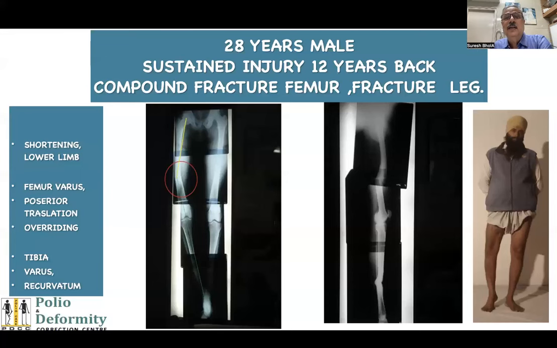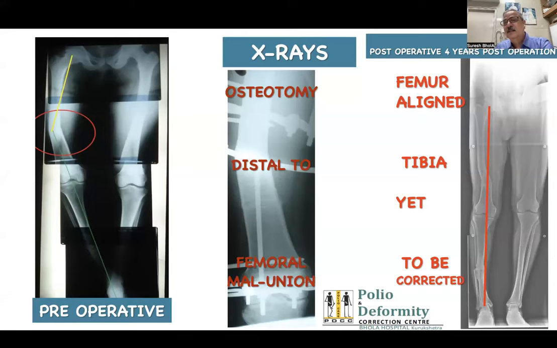Another, a 28-year-old male who sustained injury 12 years back and had a fractured femur and leg. A supracondylar osteotomy, just distal to the prior malunion of the femur, was done, and the limb was aligned.